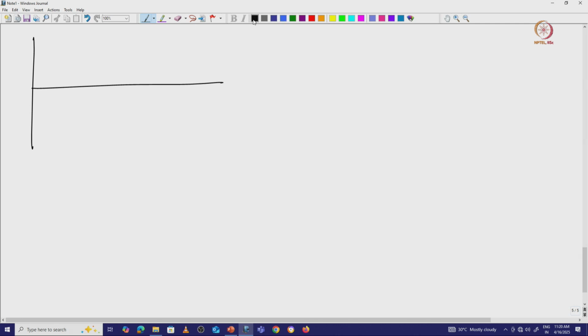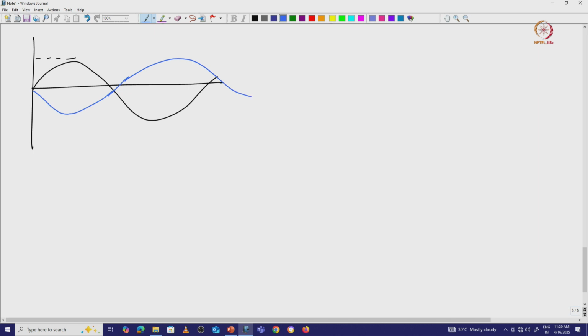So, one wave I am drawing is this one. Okay. This is again our amplitude and this is the phase. Now, consider that the second wave is going like this.